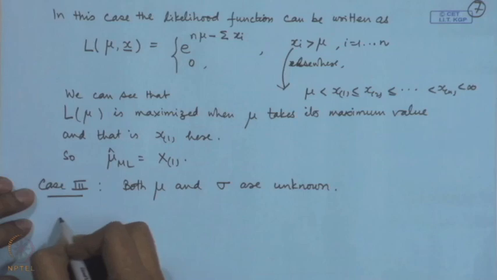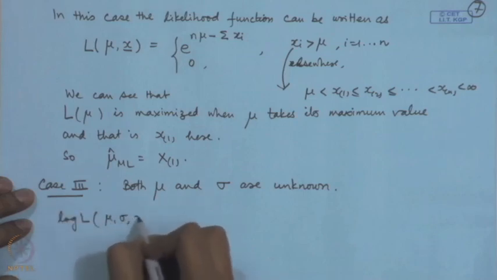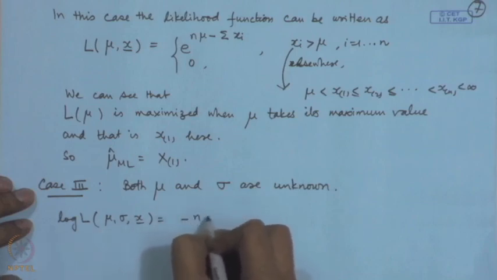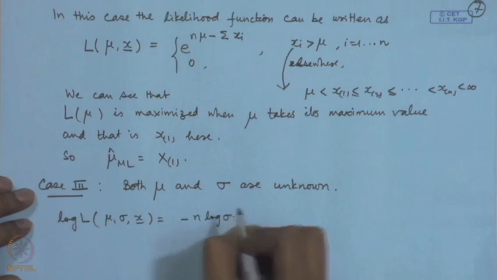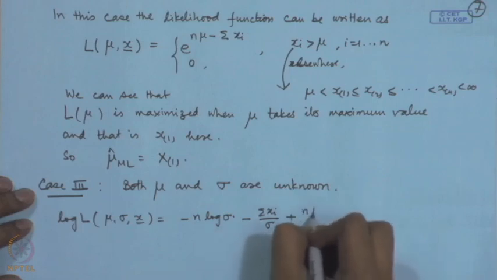So, for convenience we take the log of this. So, log of likelihood function is equal to minus n log sigma minus sigma (x_i minus mu) by sigma, that is, plus n mu by sigma.